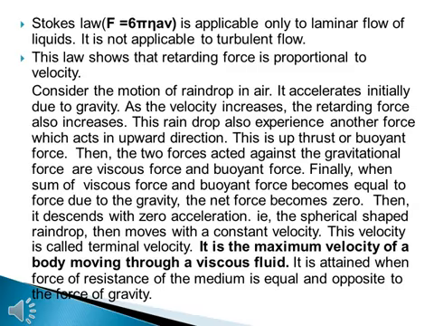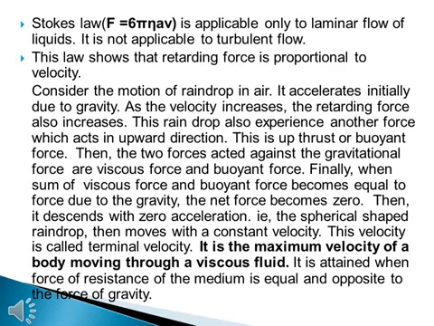Consider a raindrop in air. It accelerates initially due to gravitational force. As its velocity increases, the retarding force also increases. There is another force experienced by the raindrop. What is that force?